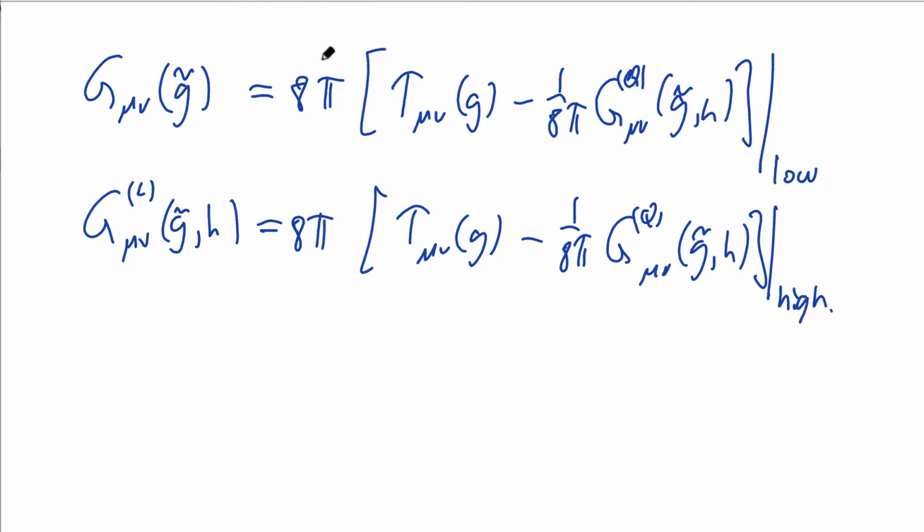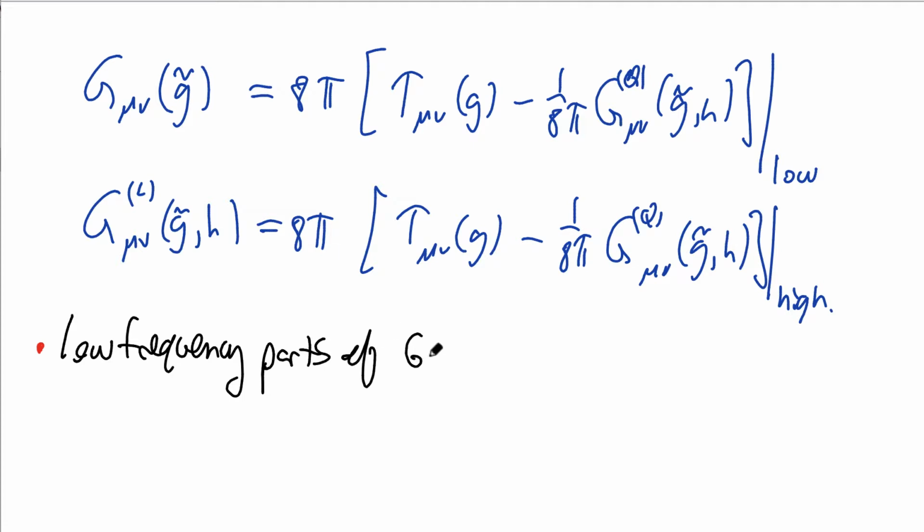From these results, we have the key observation that the low frequency parts of the quadratic Einstein tensor and the stress energy momentum tensor produce curvature in the background spacetime.